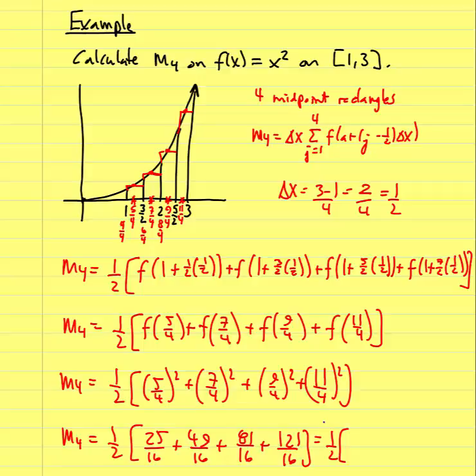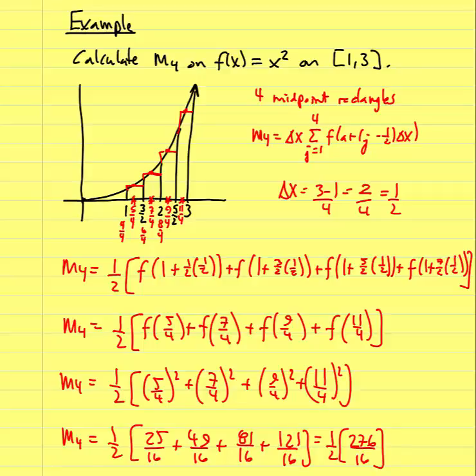We're combining our 25 plus 49 plus 81 plus 121 over 16, which is 276 over 16.